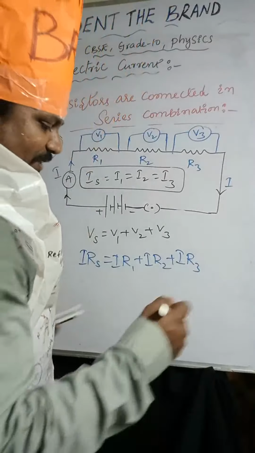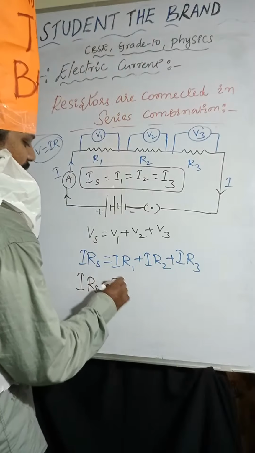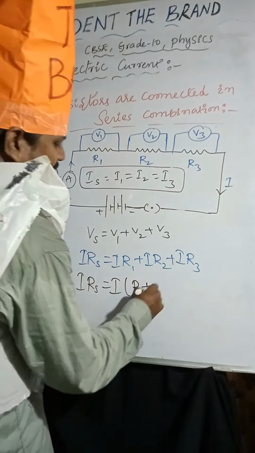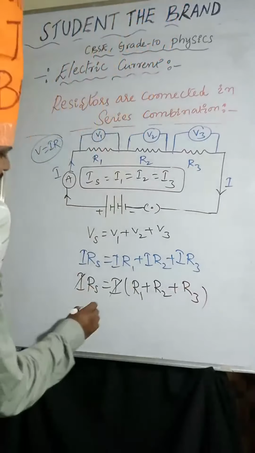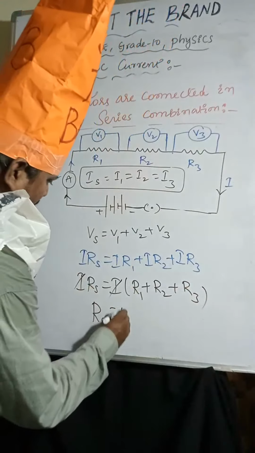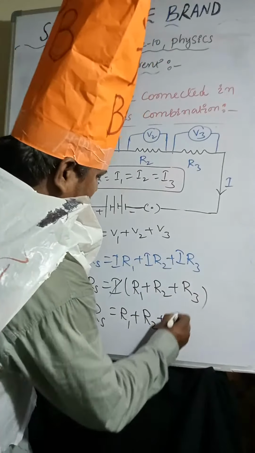Thank you so much for confirming. So IRs equals I times R1 plus R2 plus R3, and I gets cancelled. So Rs equals R1 plus R2 plus R3.